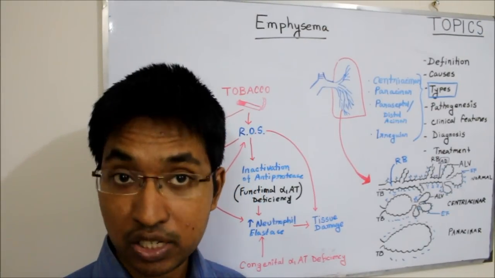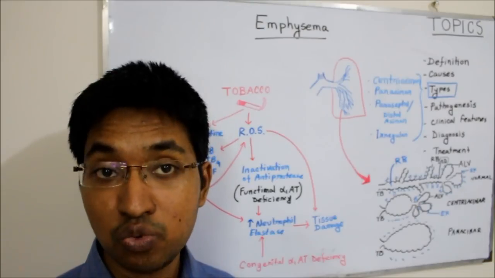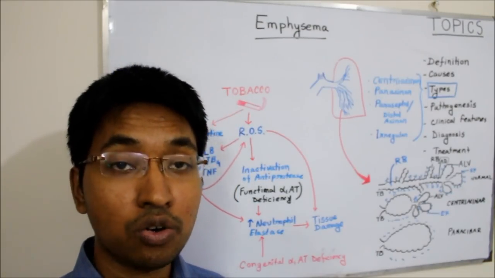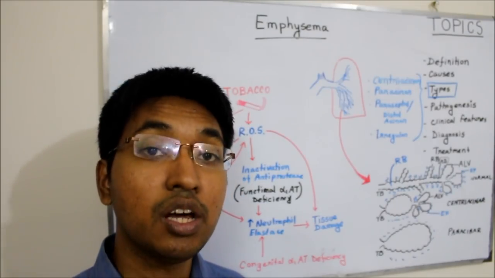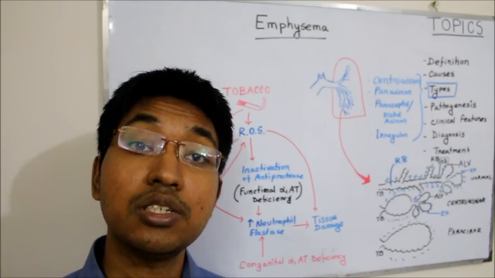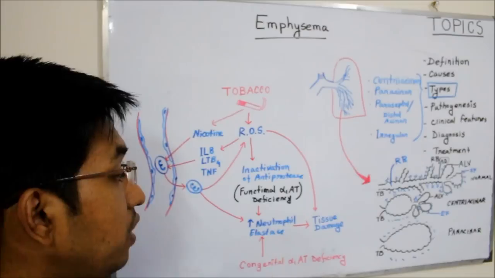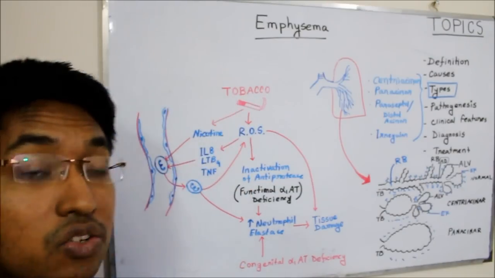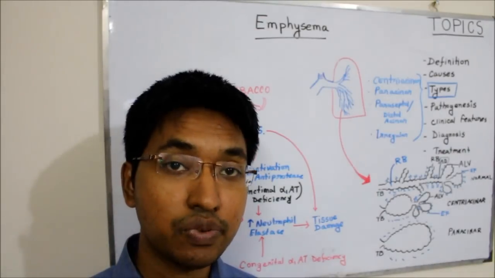That is, those patients did not have alpha-1 antitrypsin deficiency from birth, they did not have congenital alpha-1 antitrypsin deficiency, but when they are smoking, the reactive oxygen species of the smoke resulted in inactivation of alpha-1 antitrypsin in those areas, and that resulted in functional alpha-1 antitrypsin deficiency.